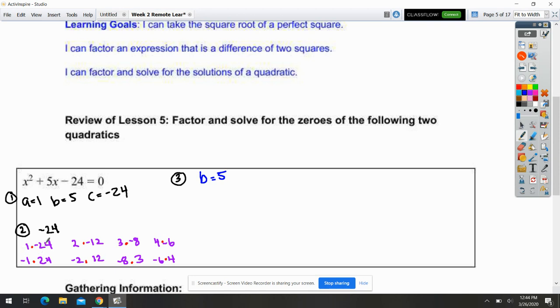So 1 and 24, we can't get 5, so I'm just going to cross that out. 2 and 12, we can't add to get 5 either. 4 and 6, nope. Okay, so let's look at 3 and negative 8.